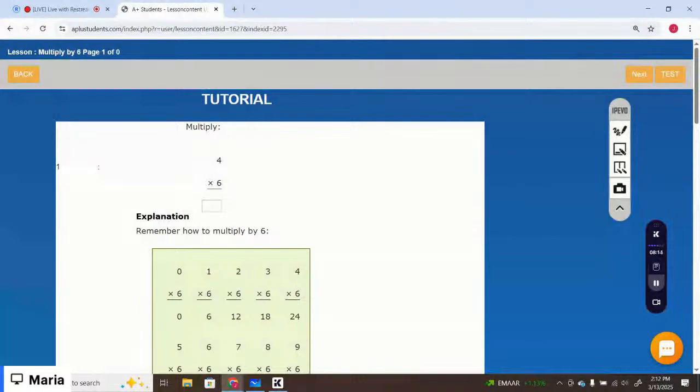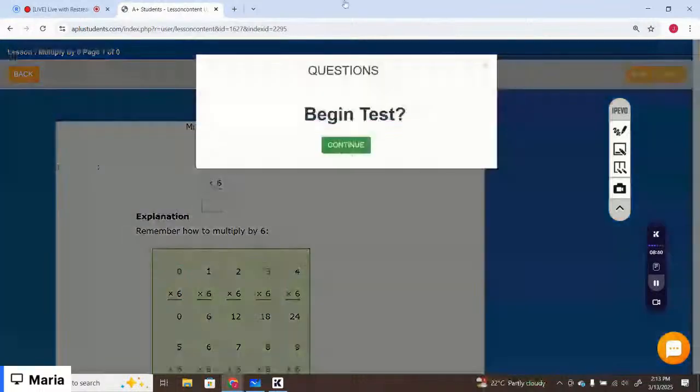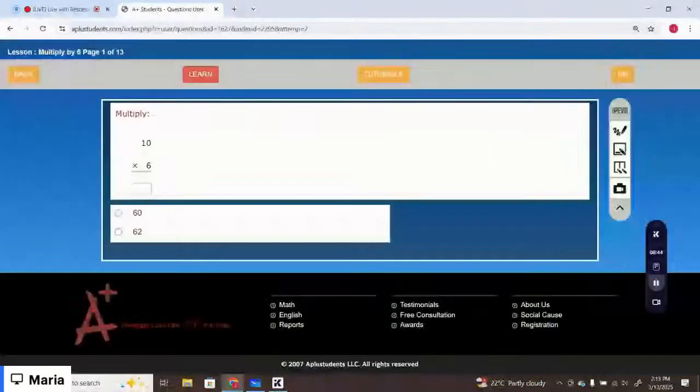So which is the correct option? 10 times 6, which is the correct option.